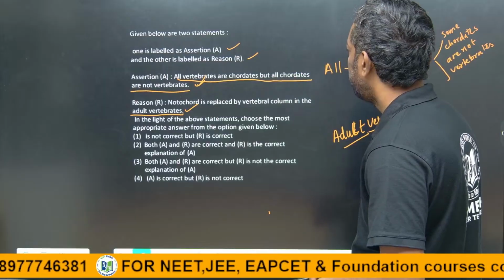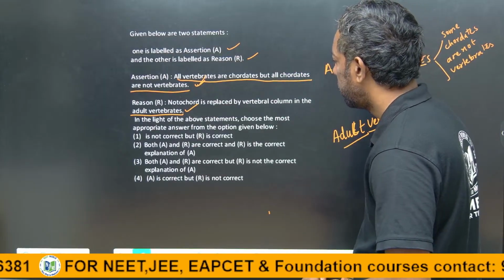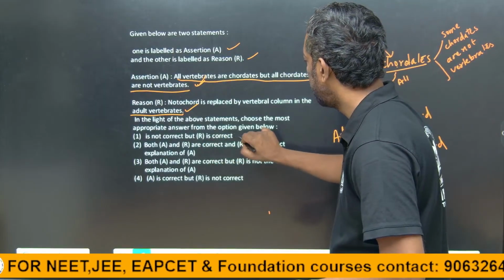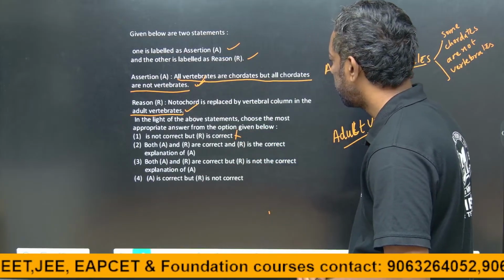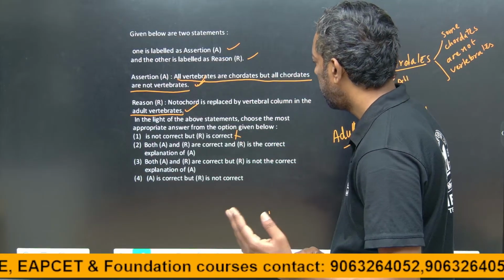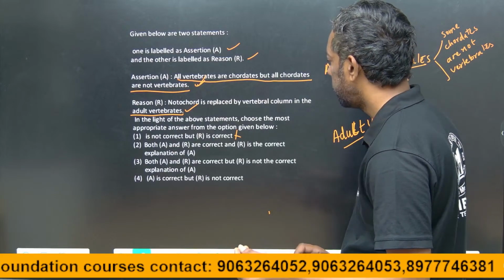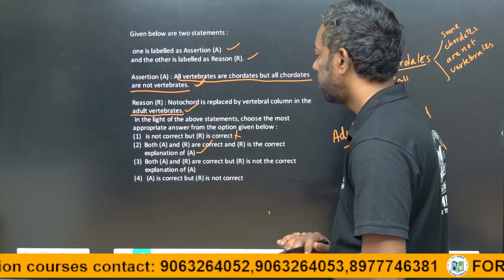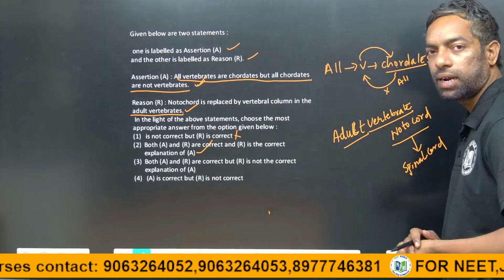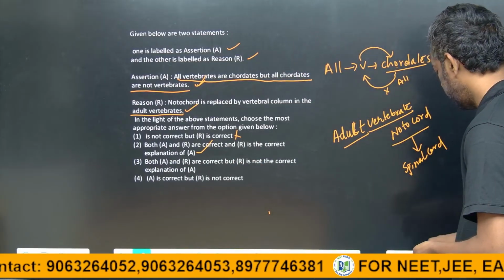So, vertebrate meaning spinal cord. The assertion is correct, and the reason is correct. Both A and R are correct, and R is the correct explanation of A. Of course, the second one is the answer. Very simple.